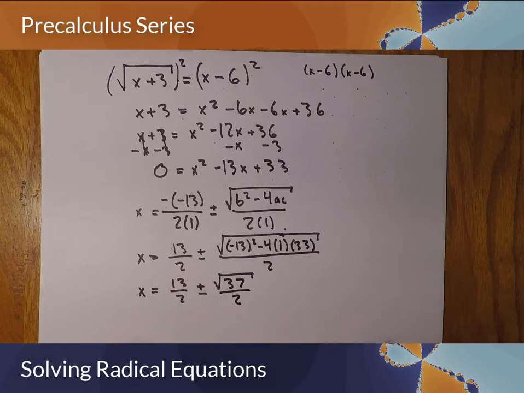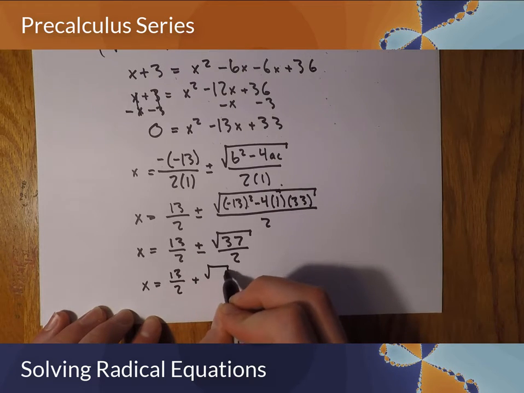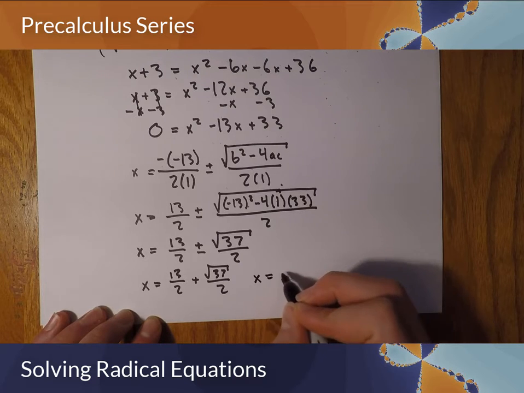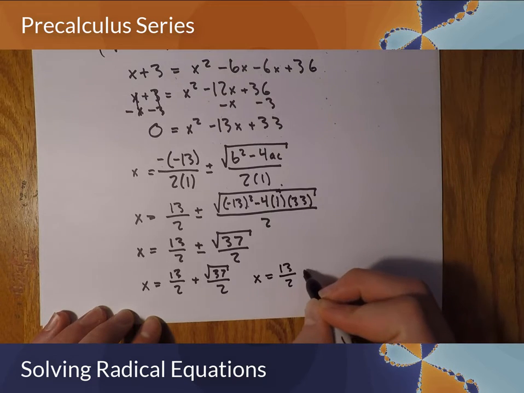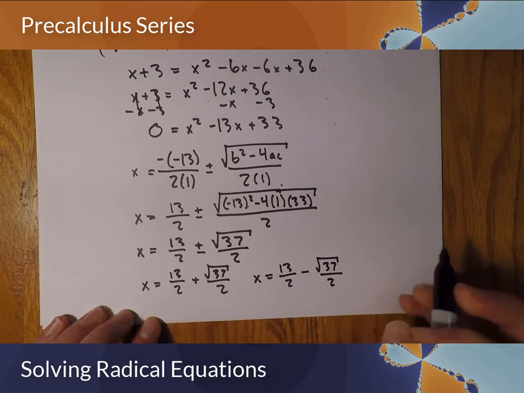And so now you have two solutions. x equals 13 over 2 plus root 37 over 2, and x equals 13 over 2 minus the square root of 37 over 2. All right?